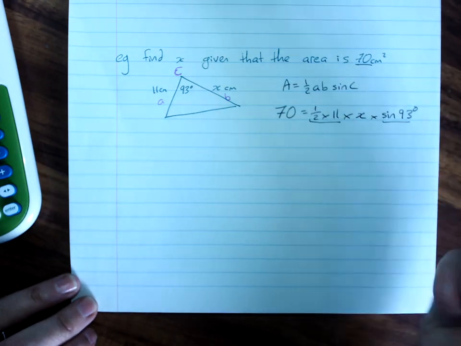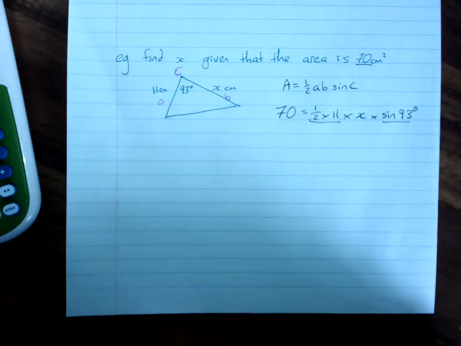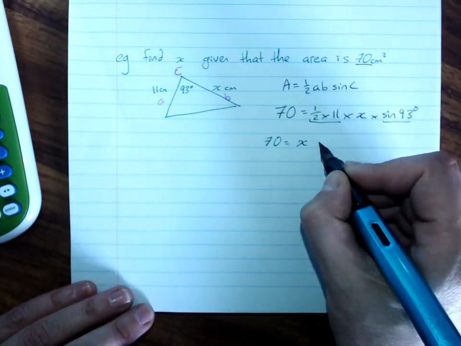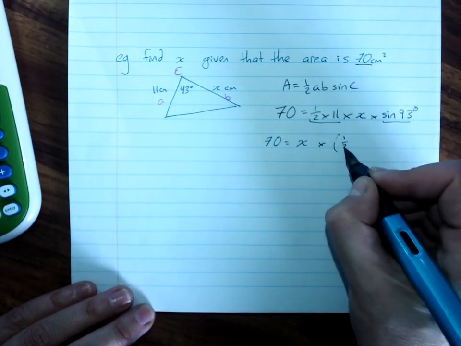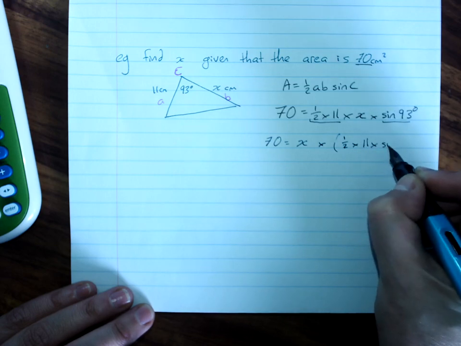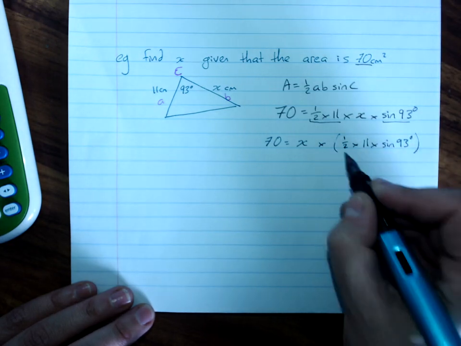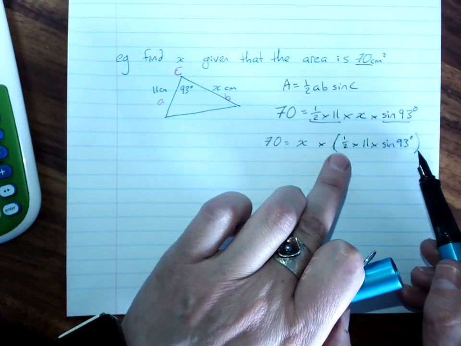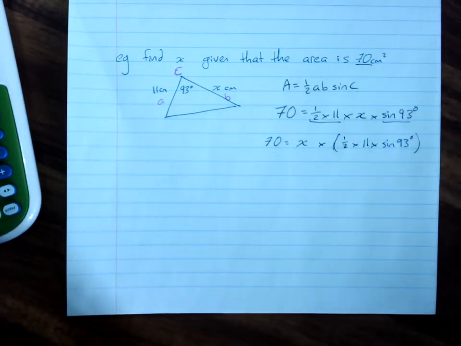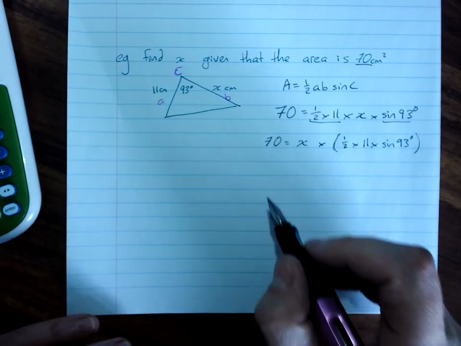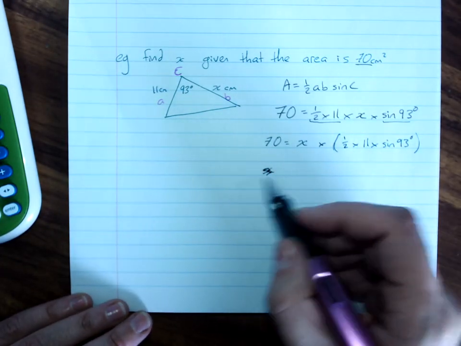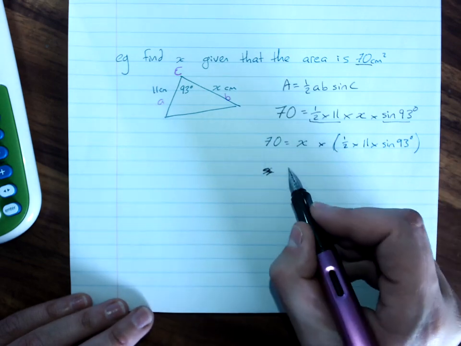multiplied together. If you're not sure what I'm doing here, an extra line, 70 equals x times half times 11 times sine 93 degrees. There's nothing wrong with writing it like this, and then I'm going to divide both sides by this to get x on its own. We could write it like that, but chances are it's going to work out like this.